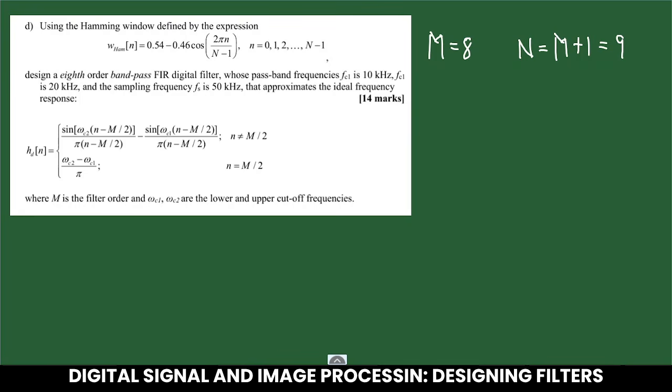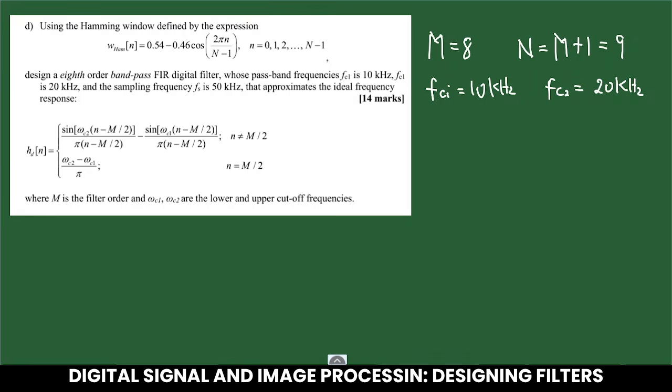And then we have our first frequency, that's the lower one, FC1, to be 10 kilohertz. Then we have the upper band frequency to be 20 kilohertz. Alright, so I think that's all for the data we have.